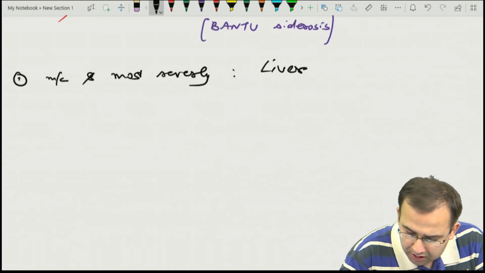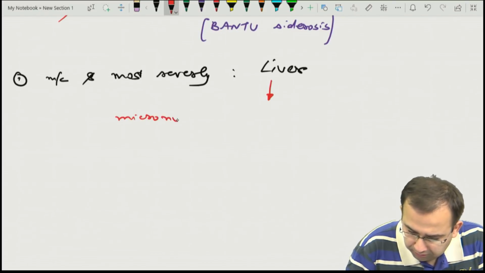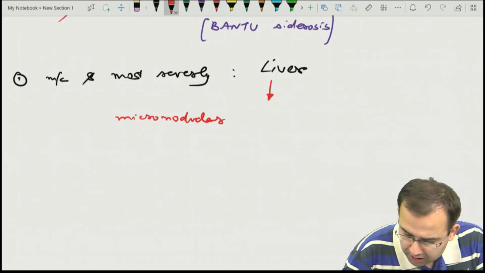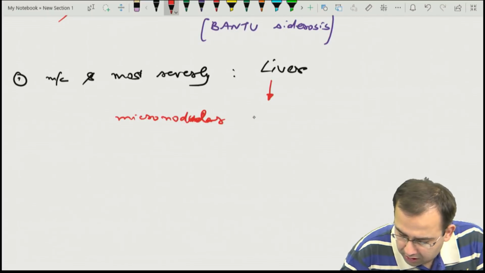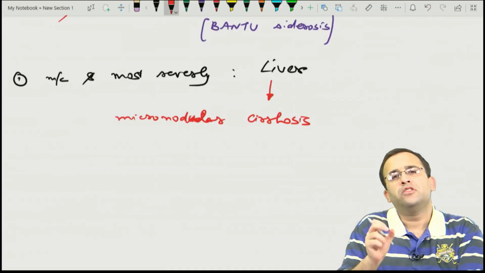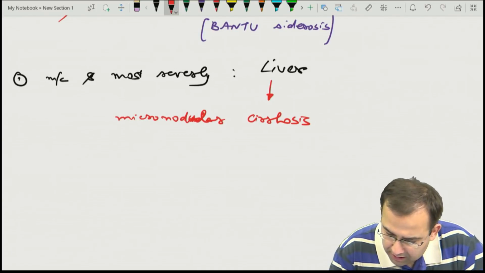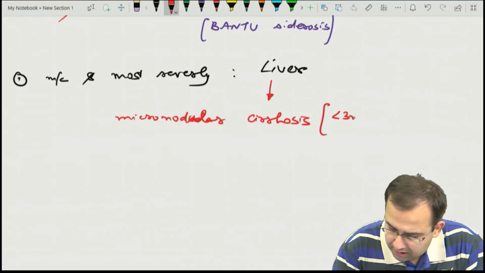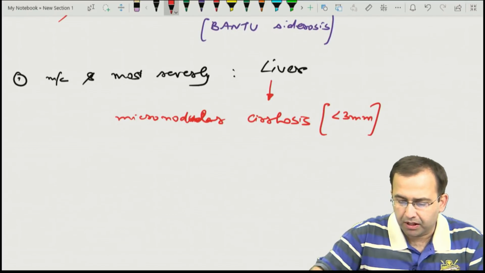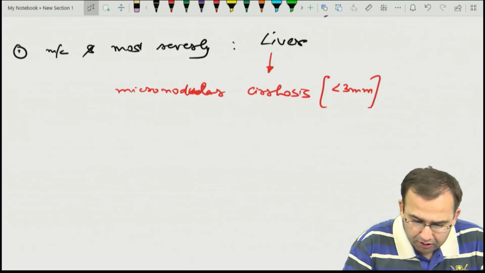Again, please put a star on this, it is associated with micronodular cirrhosis. What is micronodular? The size of the liver nodule is less than 3 millimeters. It is micronodular cirrhosis.